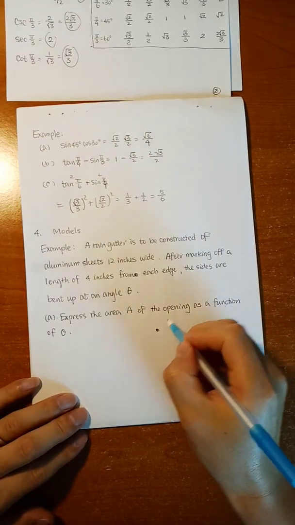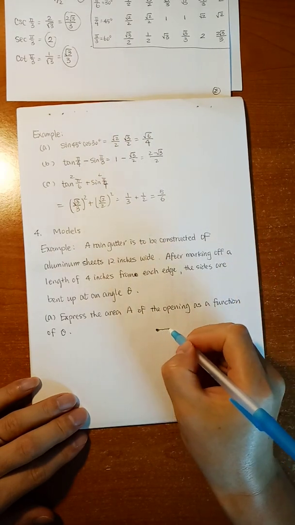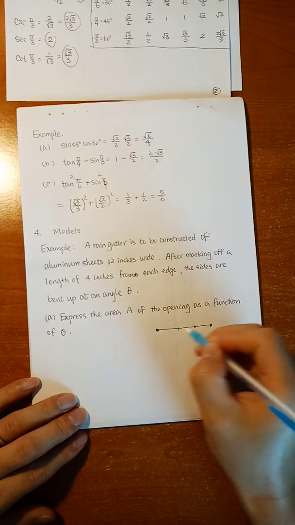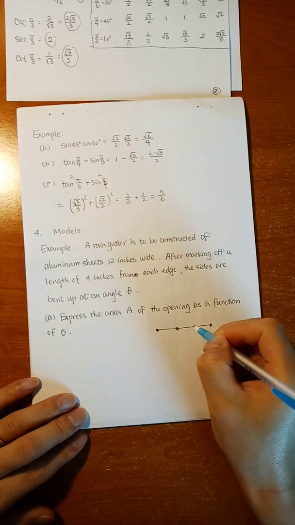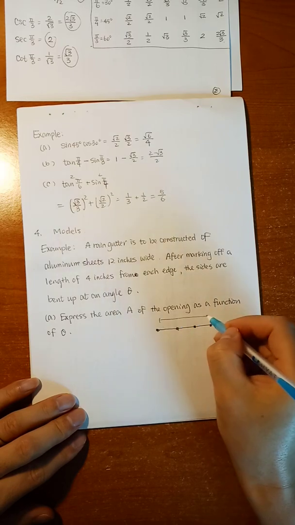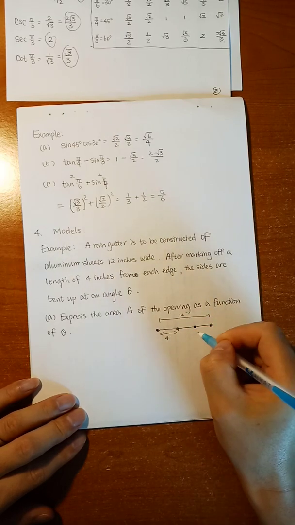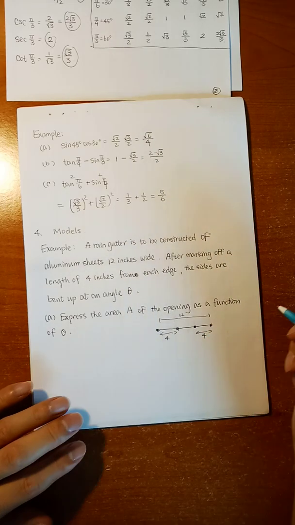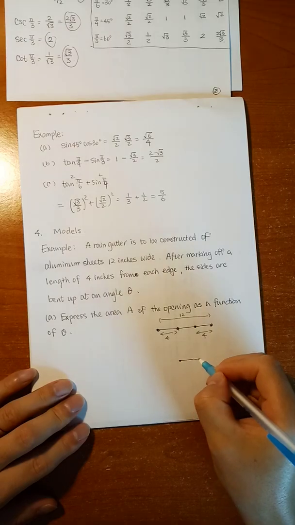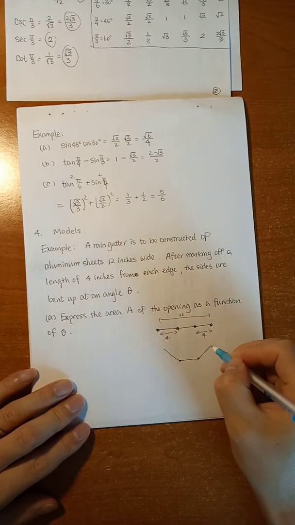You have a 12 inches wide aluminum sheet, and you mark it 4 inches in length. So the total is 12. This is 4 inches. This is 4 inches. So the middle is also 4 inches. And once you get this, you fix the middle part and bend the left side and right side up.